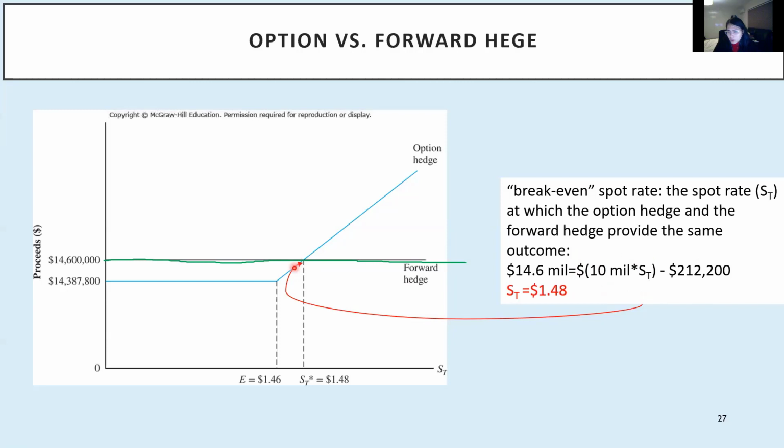So here, I'm just going to use the pen again. At this point in time, this is a point towards the right side. This is when you exercise your option. On this side of the graph, the option hedge position, this is the hedge position.